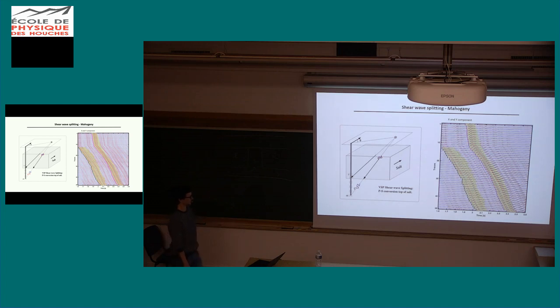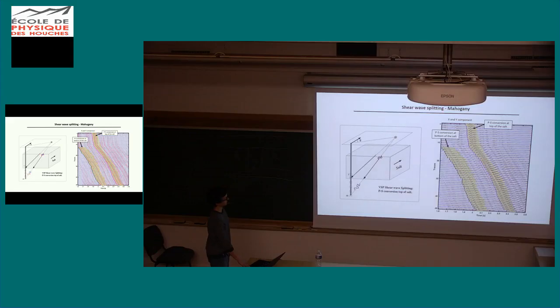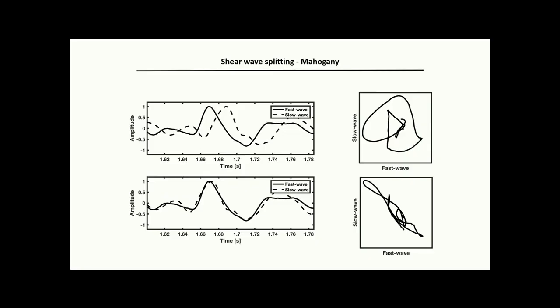And you can see that some of the receivers are inside the salt, and some of them are below the salt. And then I show you the seismic response of the receivers on the right side. That is the P2S conversion at the top of the salt, and that is the P2S converted wave at the bottom of the salt. And as I said, we want to use shear wave splitting to measure the seismic anisotropy inside there. So I just show you from one receiver how this actually looks.